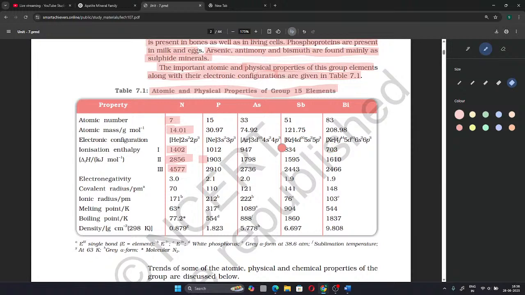So order is decreasing as we go down the group. Ionization enthalpy decreases through the group. This is a basic trend followed by the p block elements, at least in case of the first enthalpy. And as for second enthalpy, this is somewhat true, but in case of bismuth, the second enthalpy seems to be a bit higher than antimony, but we can still consider it to be in trend.